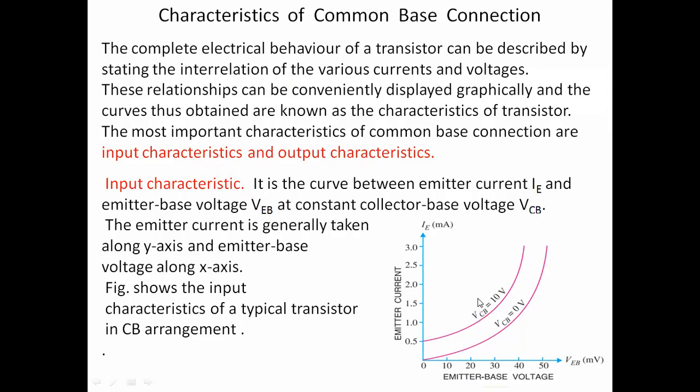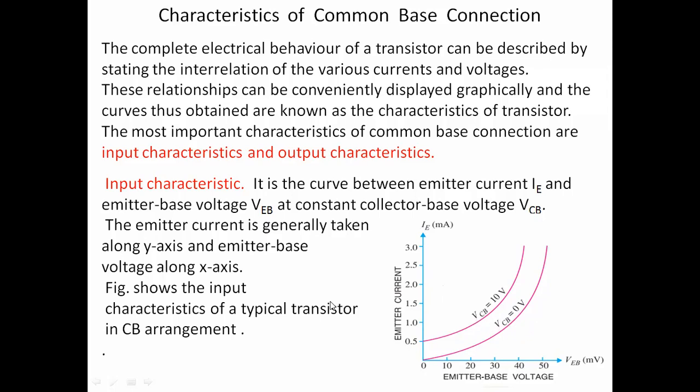Next, the collector base voltage VCB is maintained at 10 volts. At that constant voltage, if you increase VEB, the IE will increase like this. So this waveform shows the variation of emitter current with respect to emitter to base voltage when collector to base voltage is constant.